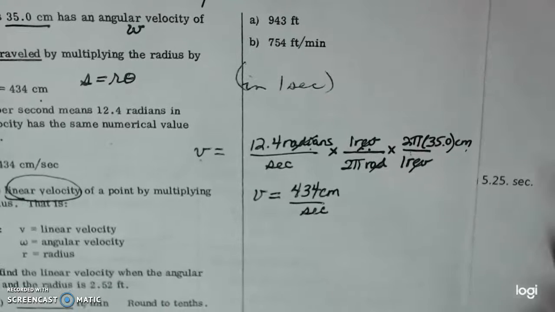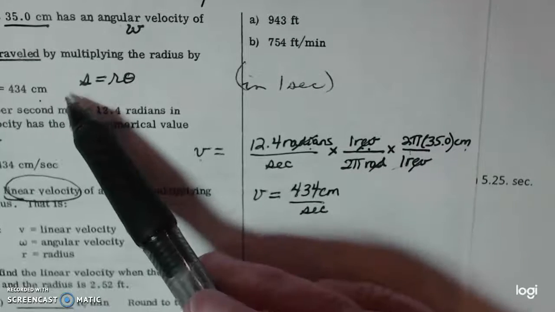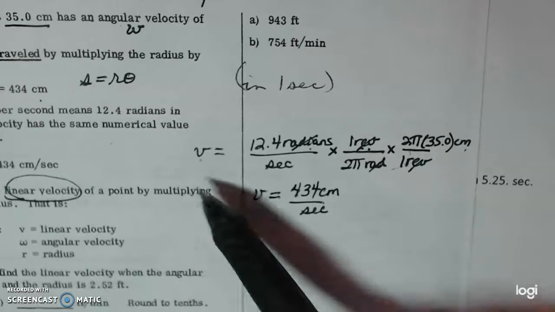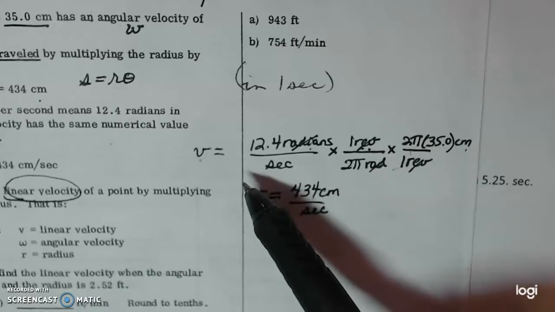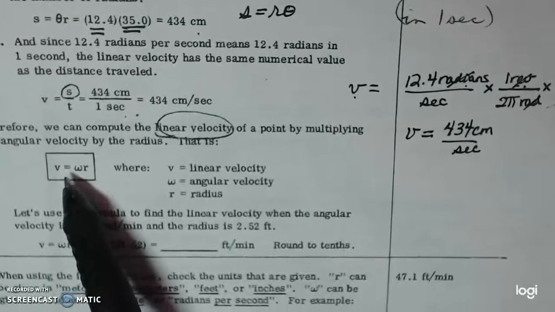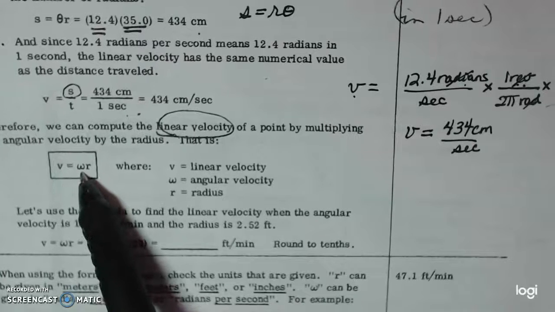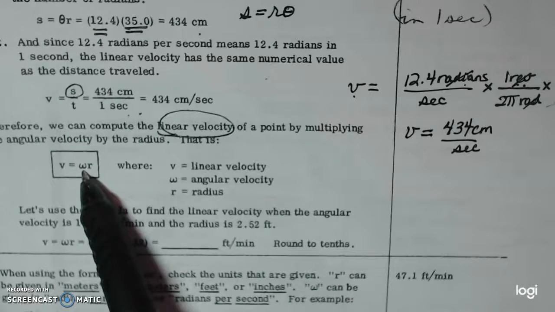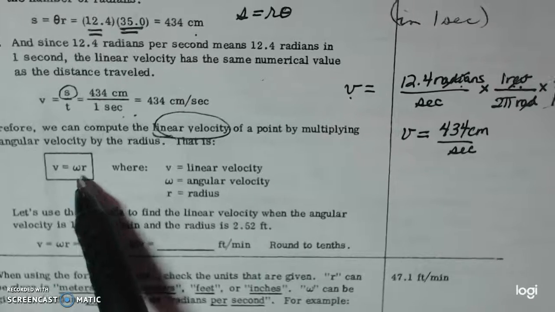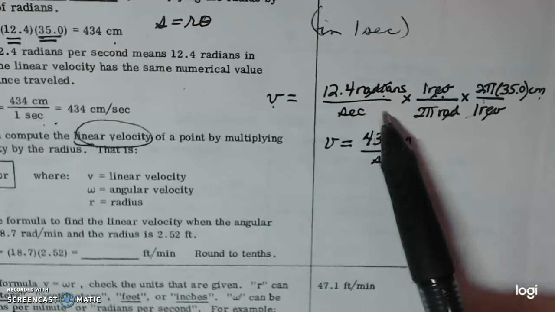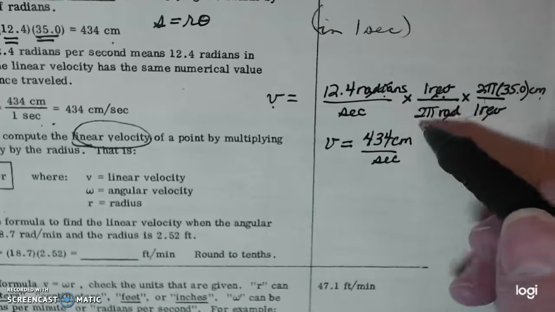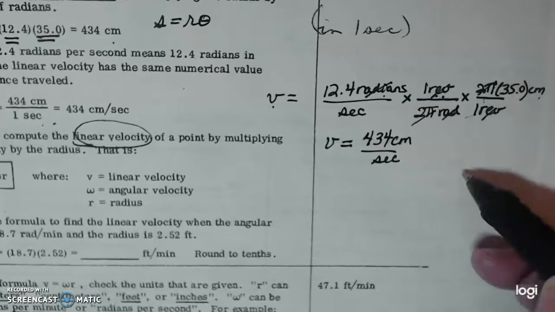The reason I'm showing it to you this way rather than the way the book worked through it is because I think it gives us a better understanding of this formula that they're showing us here, that velocity is equal to angular velocity times radius. Angular velocity was here. Oh, and by the way, 2 pi divided by 2 pi cancels as well.